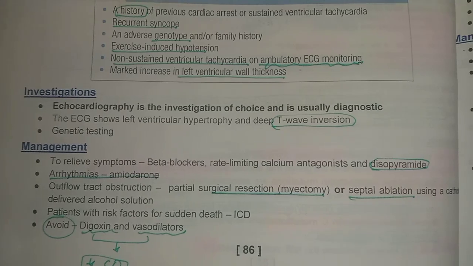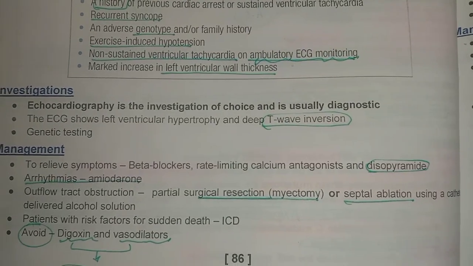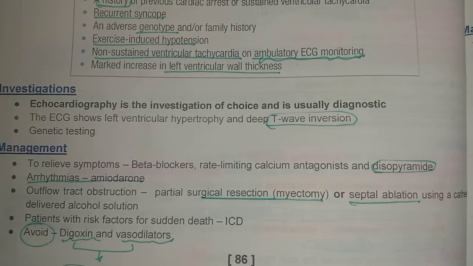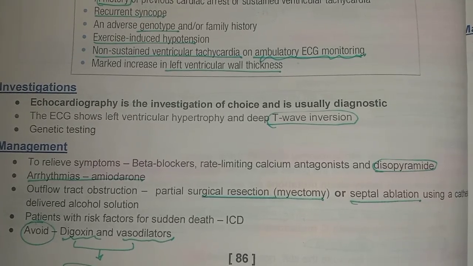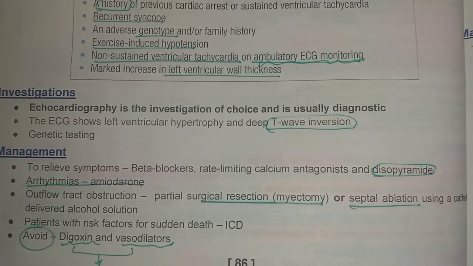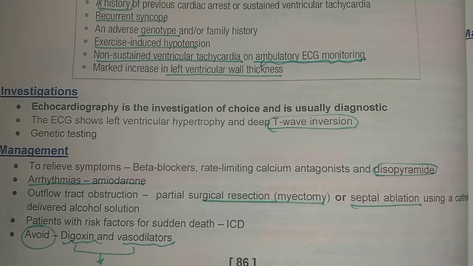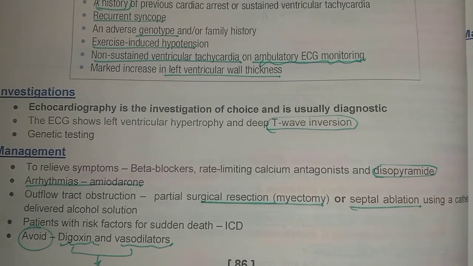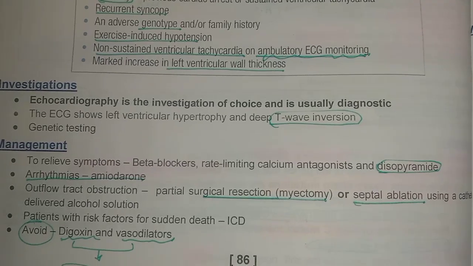Management includes beta blockers, calcium channel blockers, and disopyramide. If arrhythmias are occurring, then we give amiodarone. For outflow tract obstruction in septal hypertrophy, we do partial surgical resection, myectomy, or septal ablation.